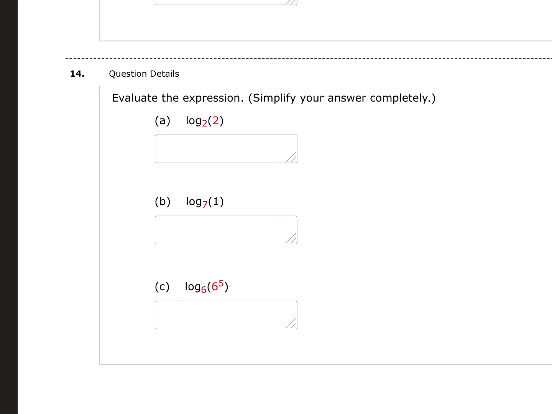All right, what does log 2 of 2 equal? Just equals 1. What is log 7 of 1? Some of you are like, wait, I don't know that. Well, what's the easiest thing to do in order to see this? Look at it in exponential form. So let's rewrite log 7 of 1 in exponential form. What does 7 become? Big 7.